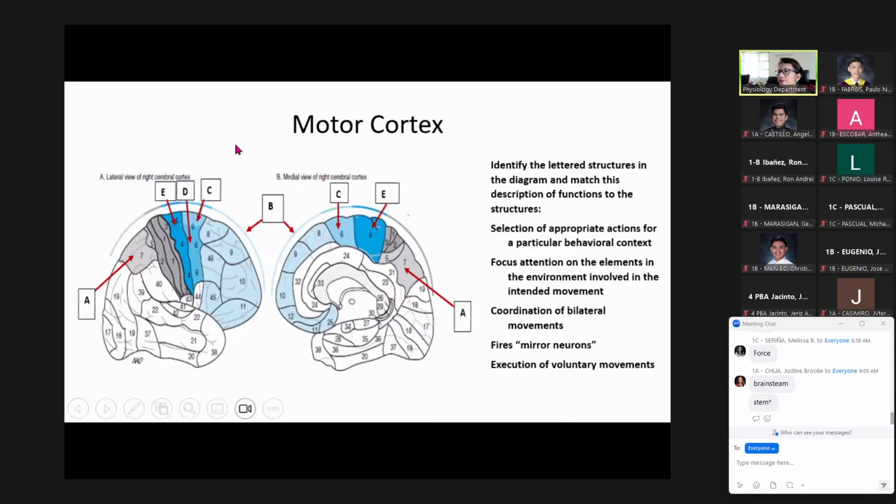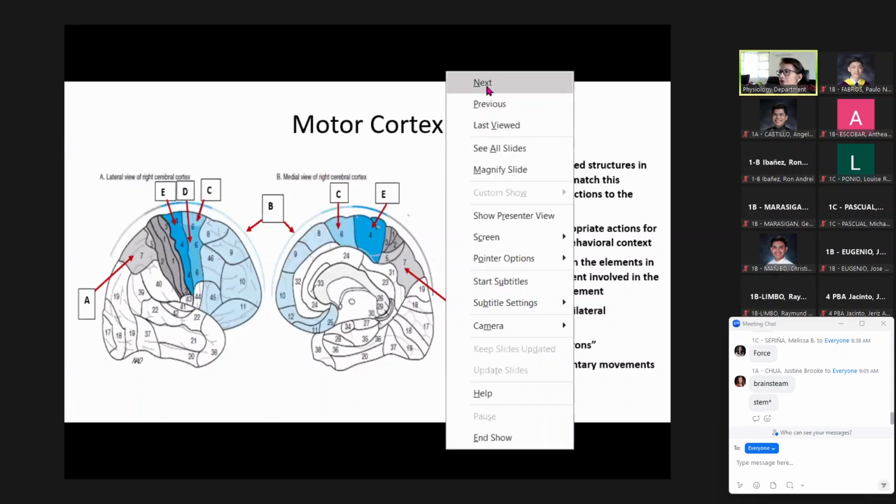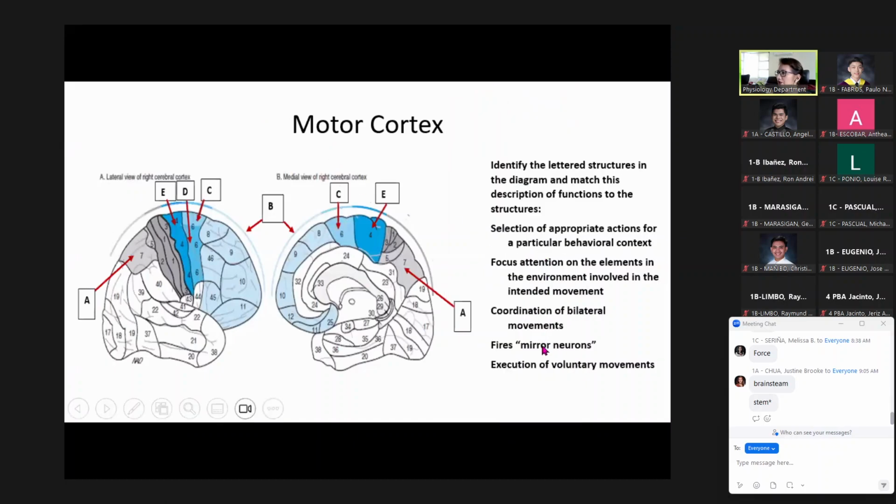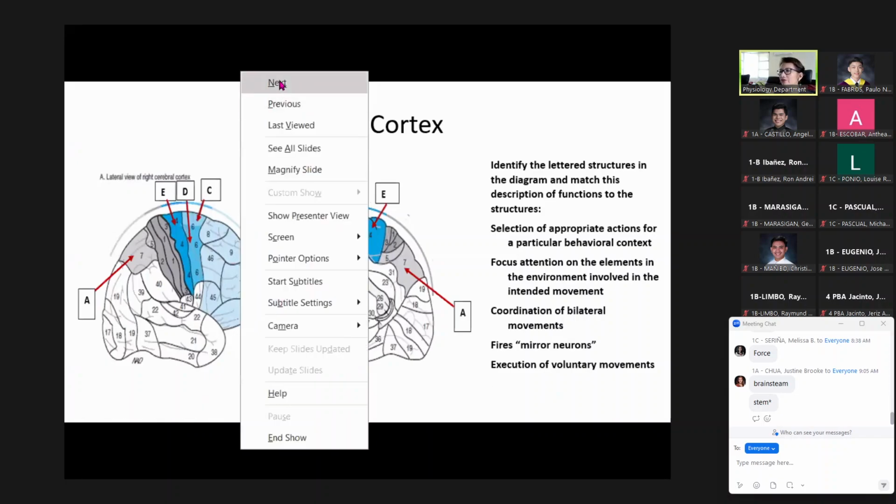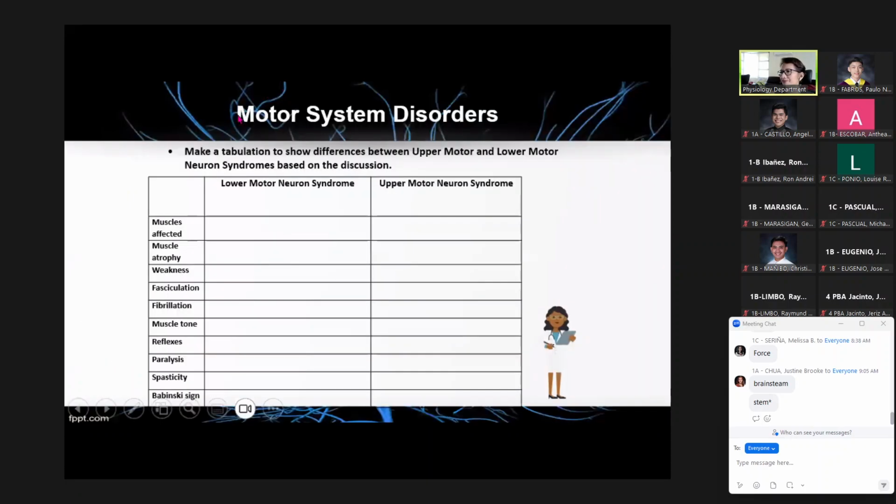You not only have the primary motor cortex as part of the motor cortex as far as movement is concerned, you also have other parts like your premotor, your supplementary motor, and your sensory association cortex. Please answer this. These are from the reading material, the assigned material that I gave you. Answer this. I will give this in the exam.